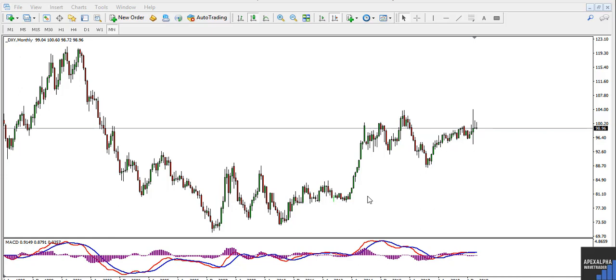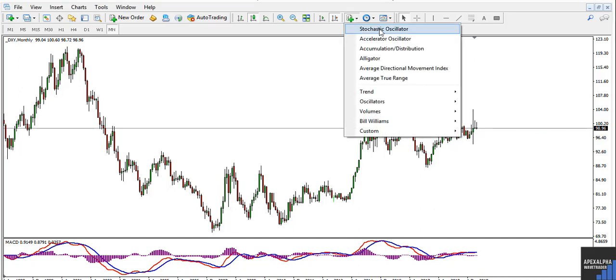If you want to locate divergence, with practice you do not need any indicators. But if you are just starting out, I would recommend that you use the MACD, that is the moving average convergence divergence indicator, which is here, or you use the stochastic. The stochastic oscillator indicator is beautiful for locating divergence situations.